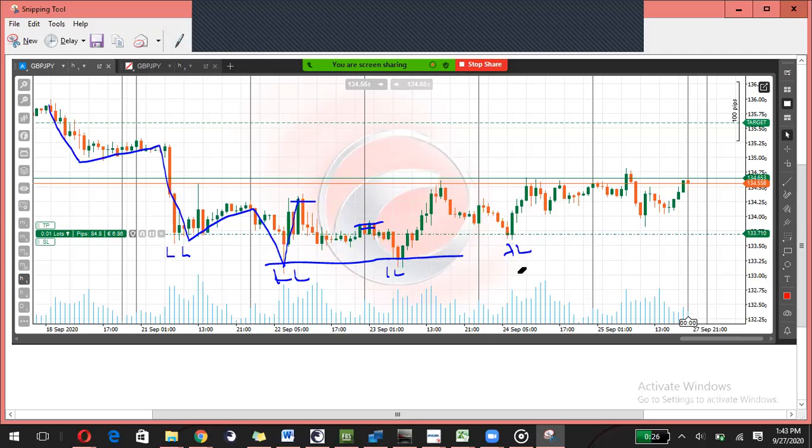So what you just need to do is identify the potential reversal area. The first thing is that the market will not give us a lower low, and we'll see the market push down to give us our higher low. Then you pick your uptrend, you pick your buy from here.